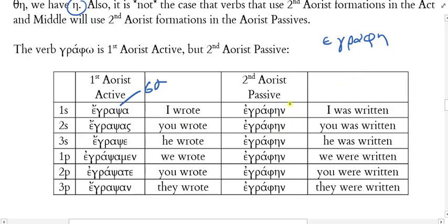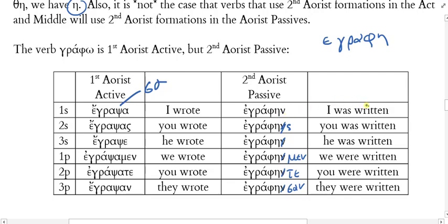And over here, I forgot to change these. So take a look there, egraphesan. Okay, so please make those changes. I thought I had removed those and put the right endings here. Okay, so egraph, and not ethen, but egraphen.